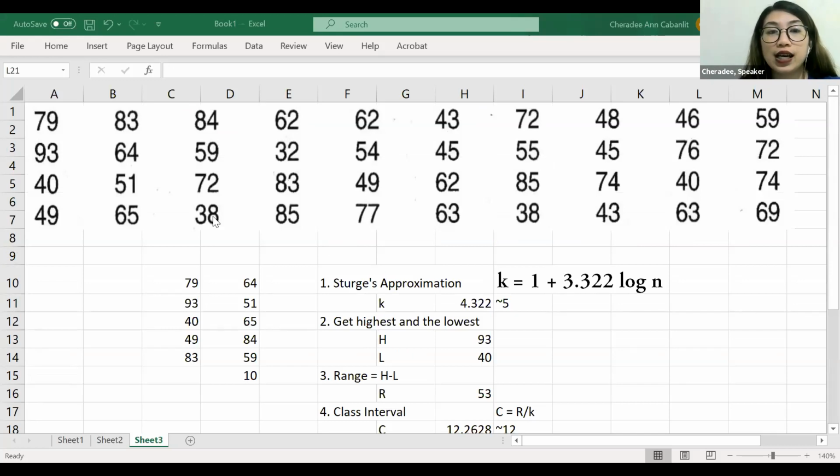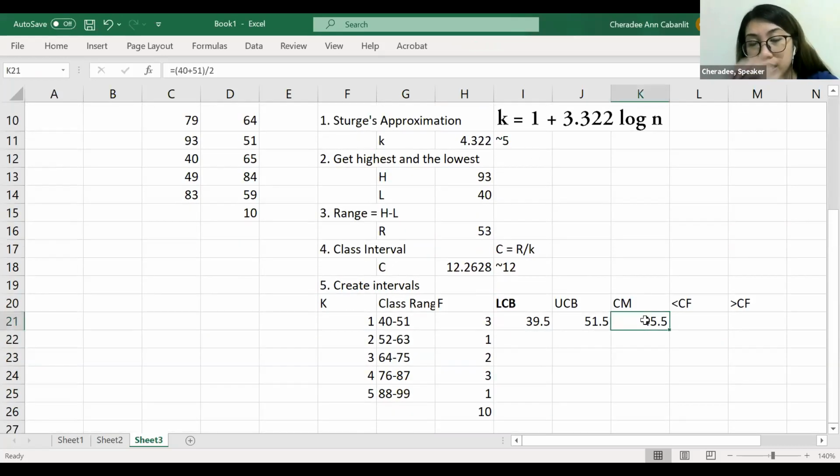I will try to place all the 40 values there, with the formulas already, so that you have an idea and you can go back if ever you want to create grouped data. Questions? None so far?